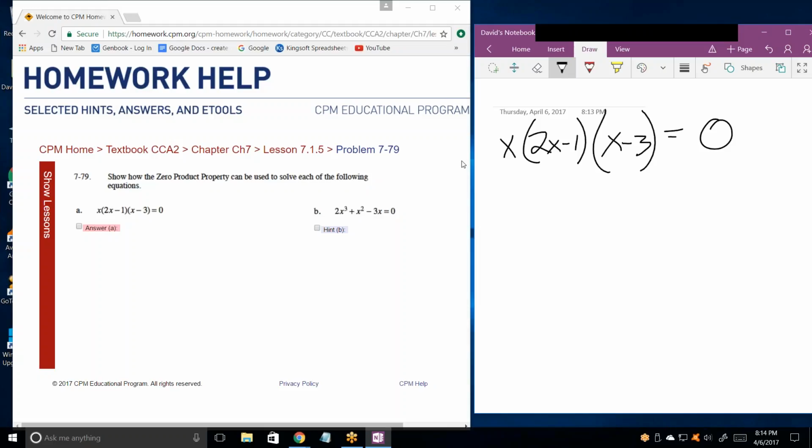Well, x equals 3, 0, and 1/2. Alright. And you got that by applying the zero product property. The zero product property says that if you're multiplying any number of things together and the product is 0, then each of those things could be 0. At least one of them has to be 0.